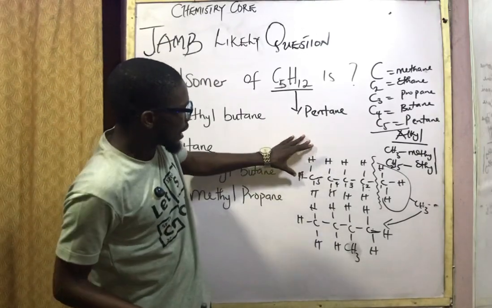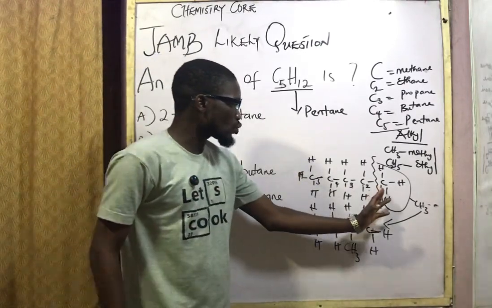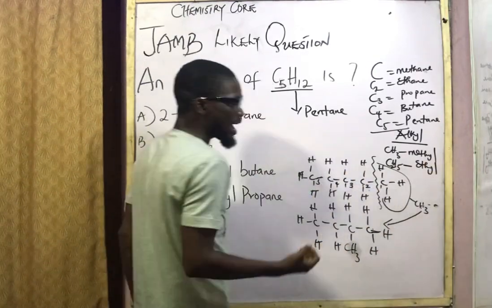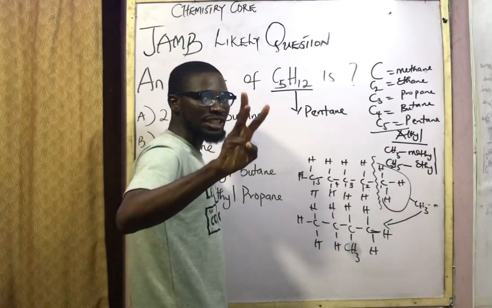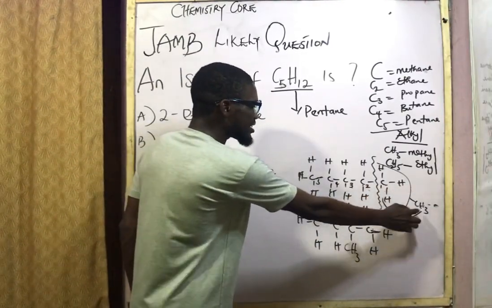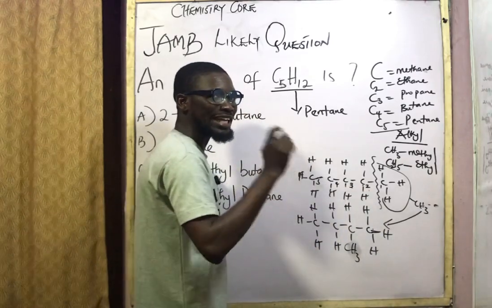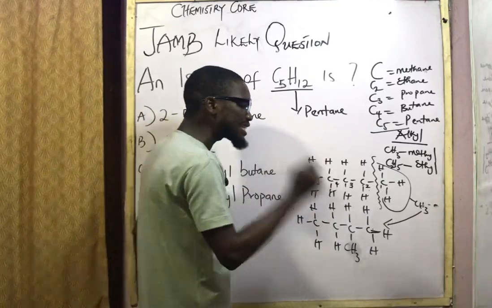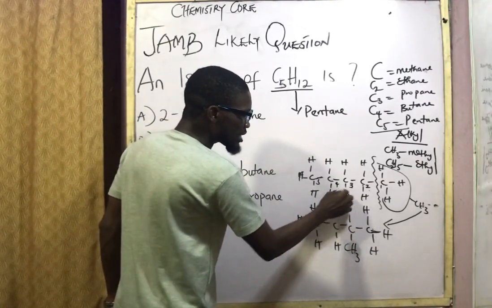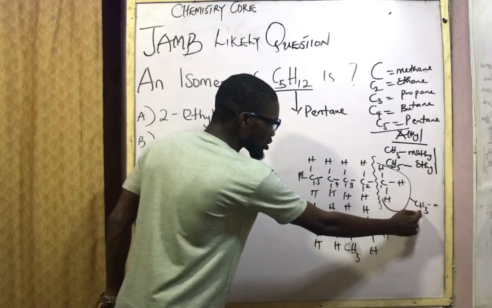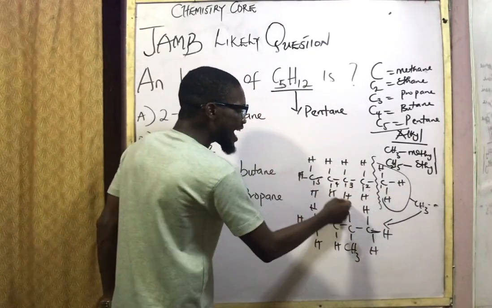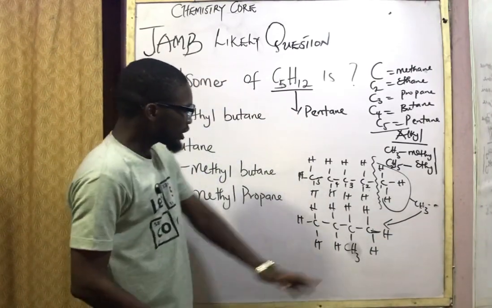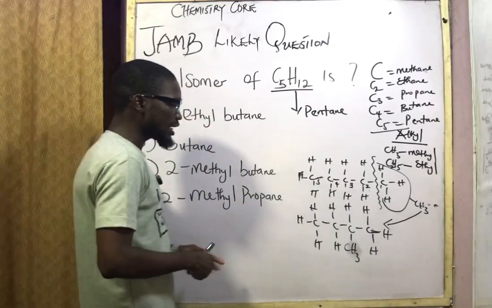Again, this is the structural formula of pentane. You number it 1, 2, 3, 4, and 5. Now, we have removed the first carbon atom that carries 3 hydrogen atoms. Now, we cannot place the CH3 on the second carbon atom. Rather, we can either place it under the third carbon atom or the fourth carbon atom. That is why I remove this hydrogen here and replace it with the CH3. Then the hydrogen here will substitute for the removal of the CH3, which is what you have here.